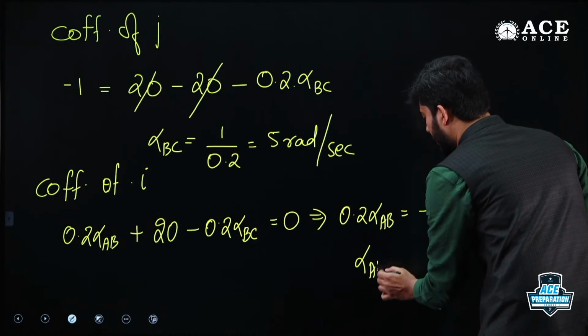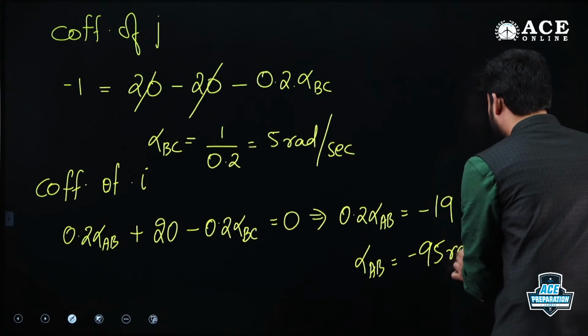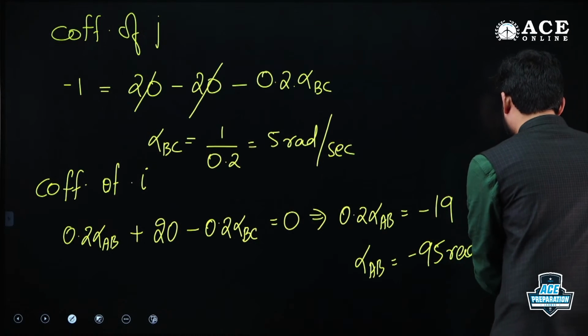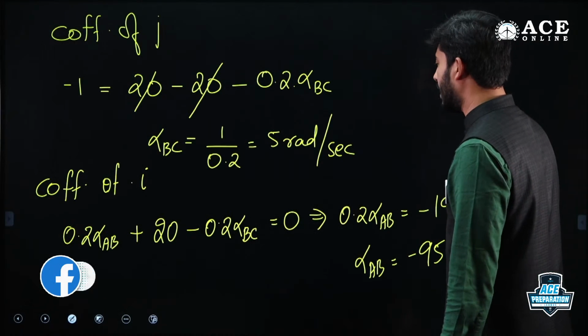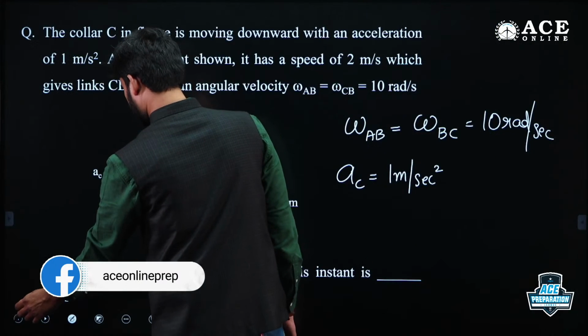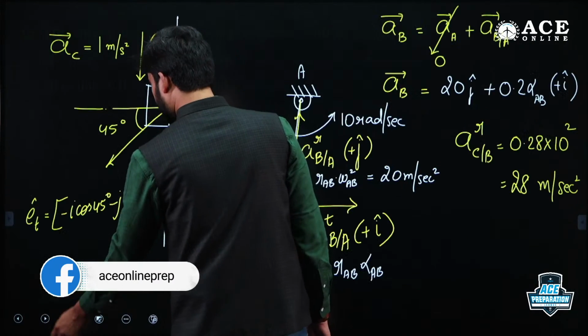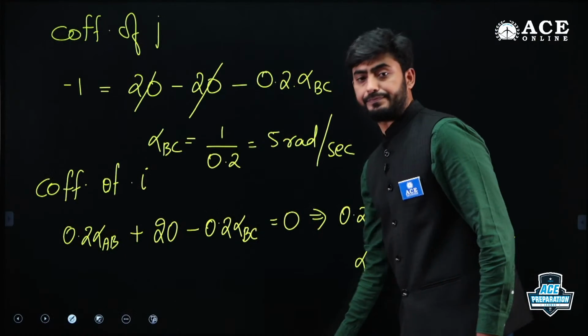So alpha_AB will be equal to minus 95 radians per second square, that is alpha_AB, guys. Okay, so what are the options? Yes, it is not an options question, it is a fill in the blank type. Okay, I hope you are clear.